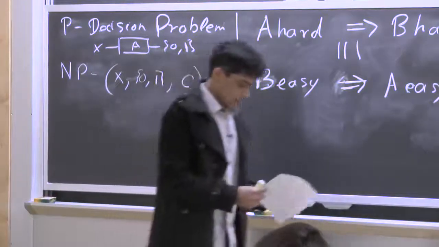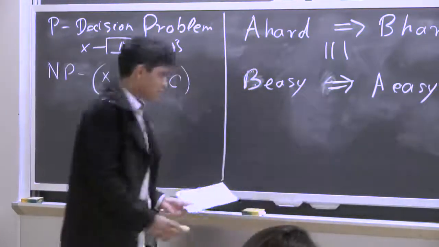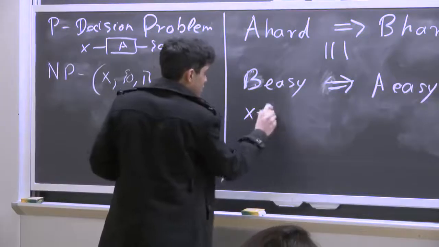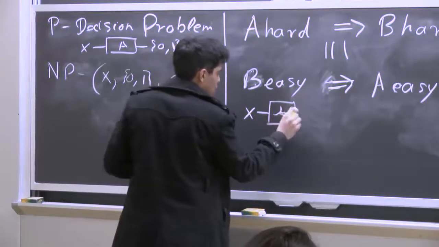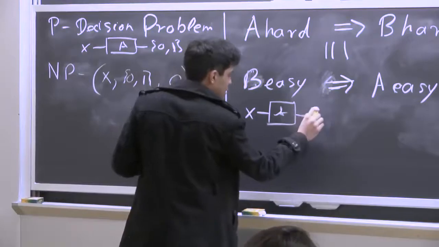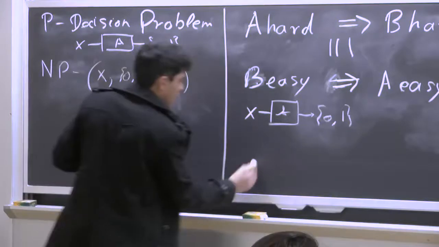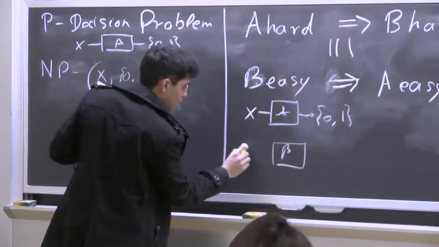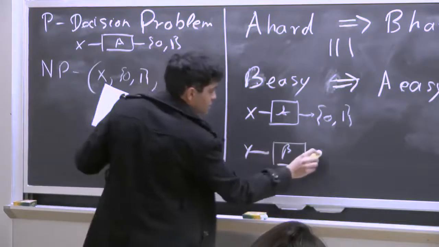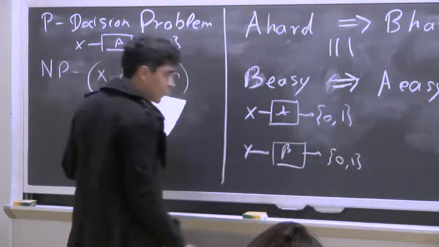The way we do this step is, let's say A looks like this: you have your algorithm, and it spits out an answer, 0 or 1. And B looks like this: you have an input Y, and it spits out an answer, 0 or 1.